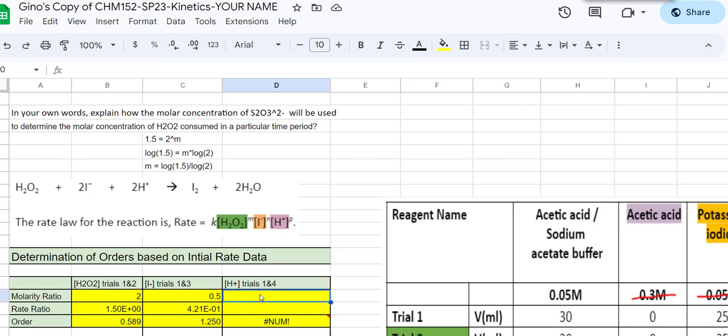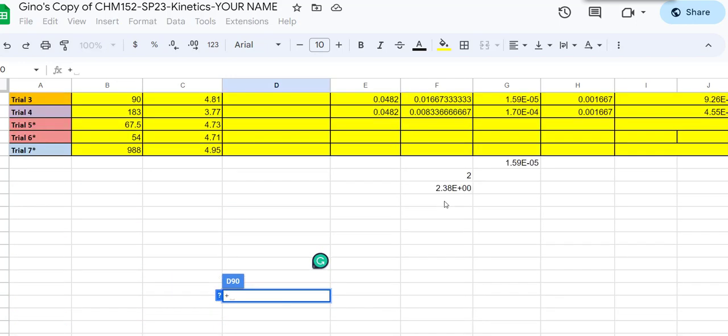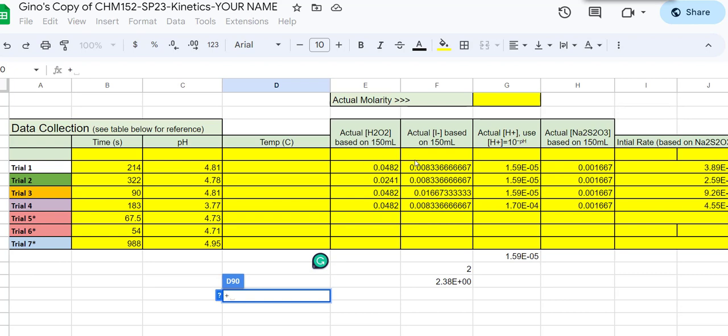And then for H+, we're going to do 1 over 4. You could do 4 over 1, but as long as you are consistent with where you put the rate and the molarities, it really doesn't matter. So I'll just follow with what I have here. H plus concentration from trial 1 divided by trial 4.